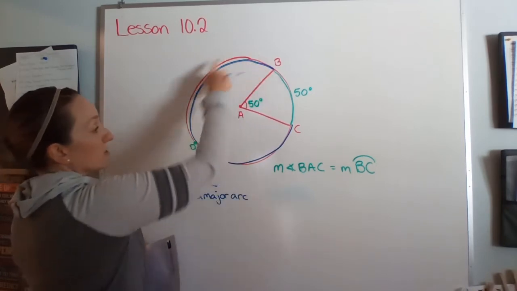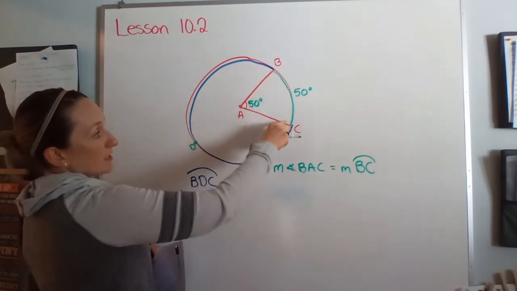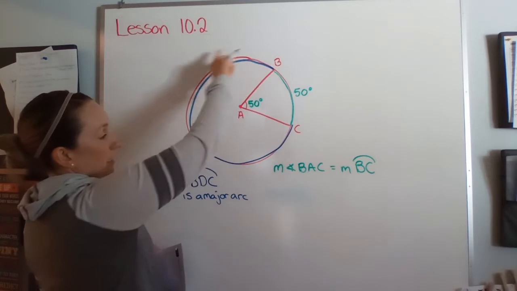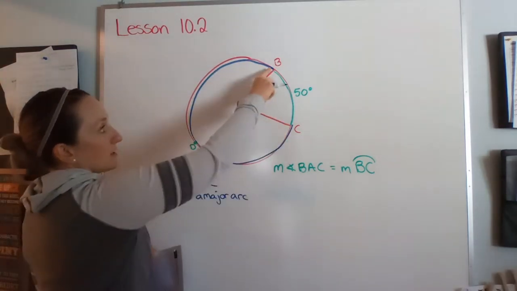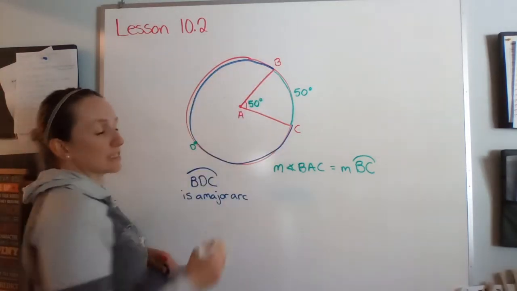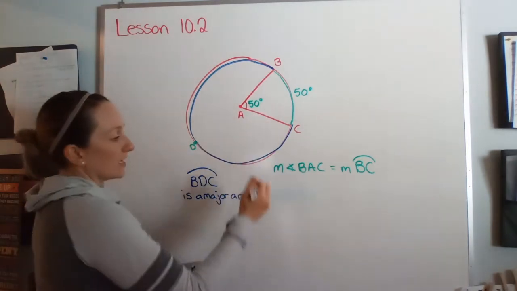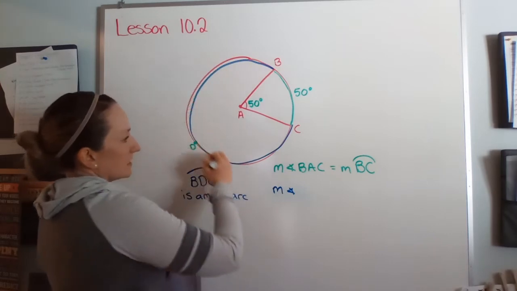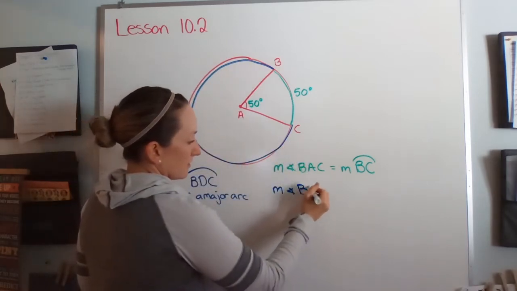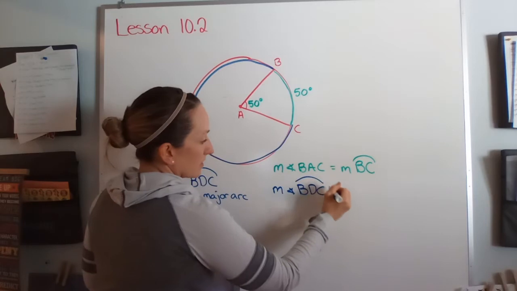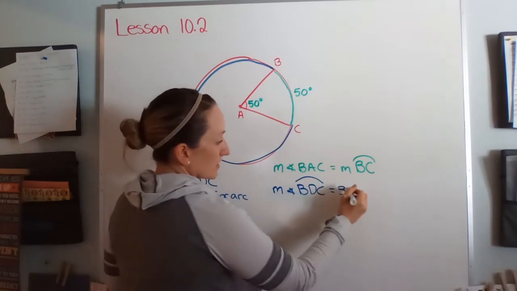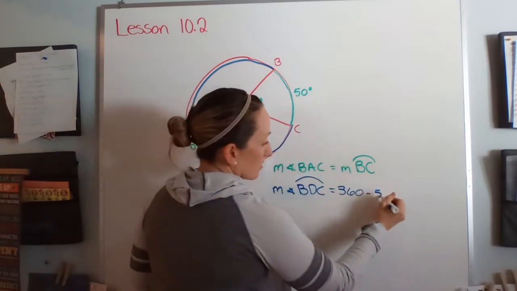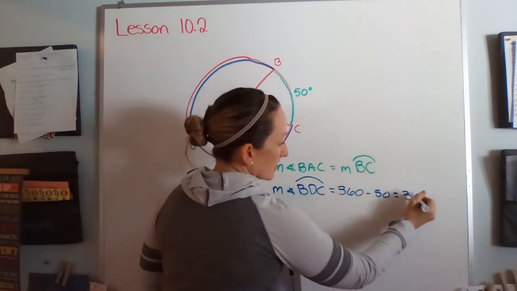And to find the measure, well, if this arc is 50 degrees, and we know that there's 360 degrees in the entire circle, to find the measure of that arc, you would take 360 and subtract away the 50. So the measure of arc BDC is equal to 360 minus this 50, that piece there. So that'll give you 310 degrees.